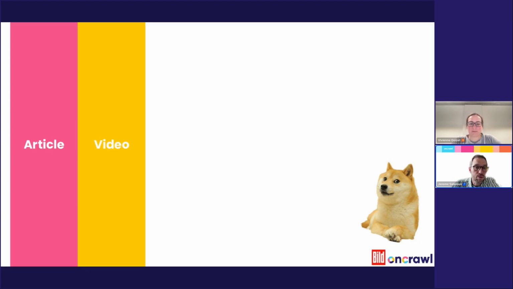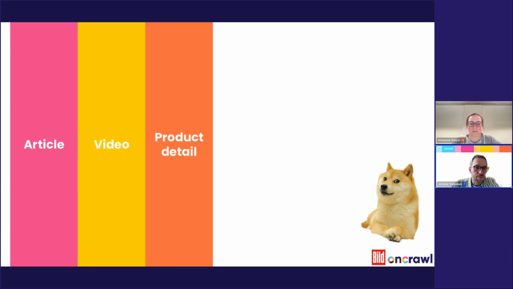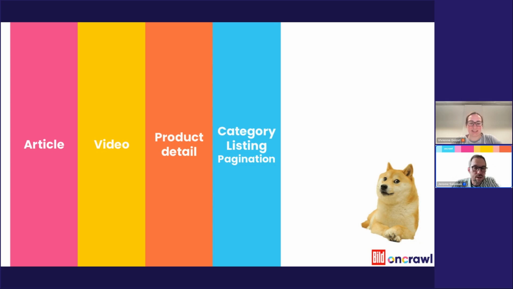But we also saw video pages, and you have some as well on BILD. Product detail pages, that's a bit less expected, I guess, as well as category listings and pagination. Some of them ended up in Google Discover for our clients.